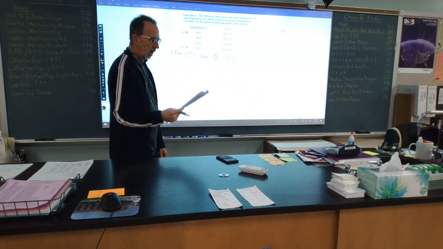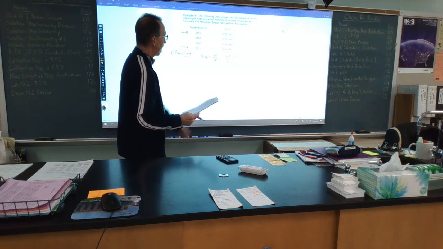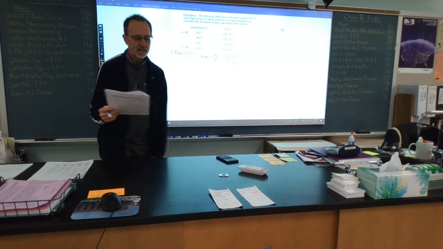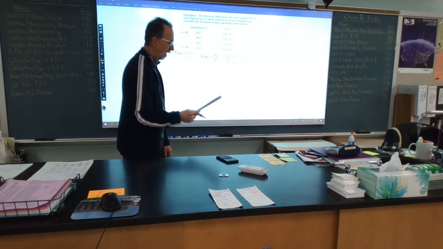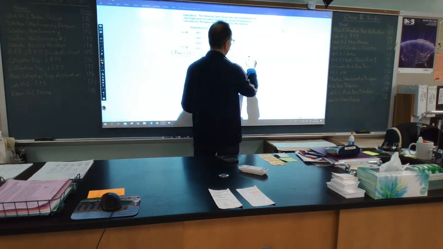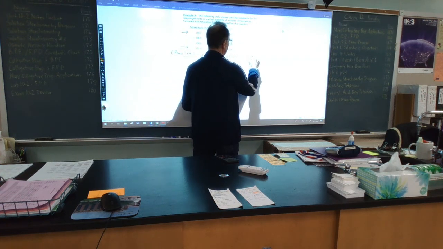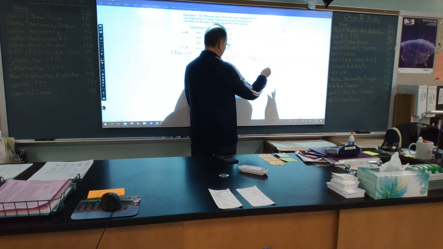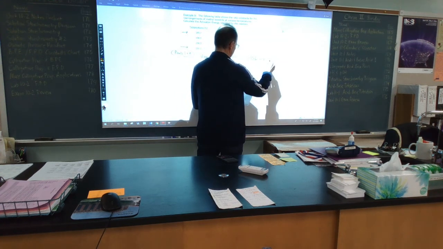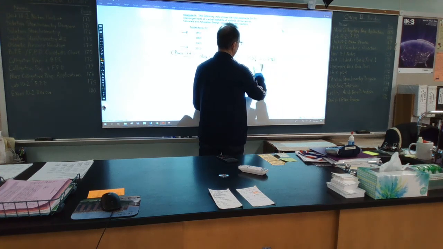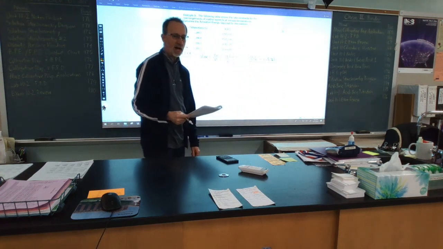So point 1, and it doesn't matter if you take 1 minus 4 or 4 minus 1, as long as you do them in the same order. It won't matter. So I use point 1 first, which was negative 10.6, minus point 4, which was negative 5.76. So there's my change in y.